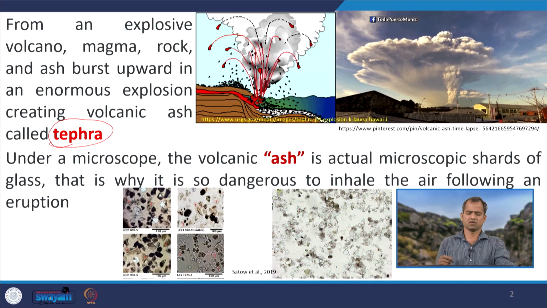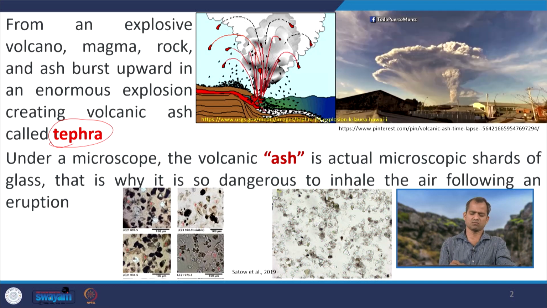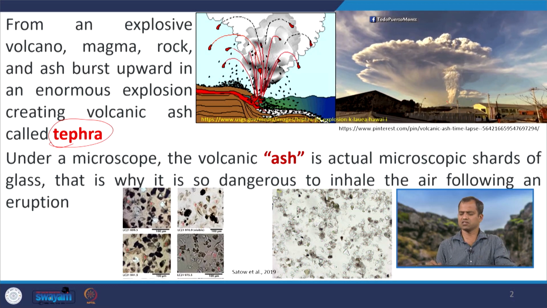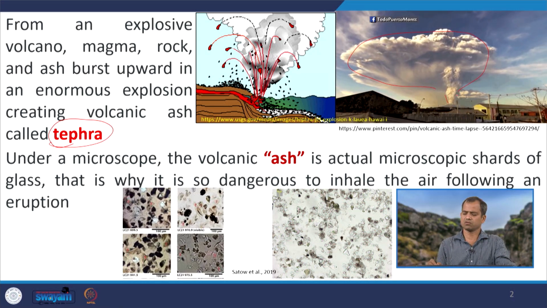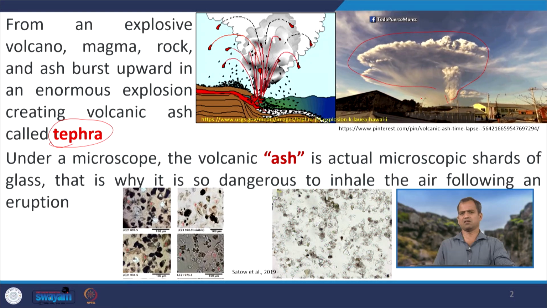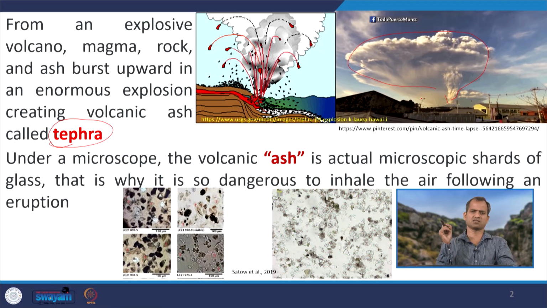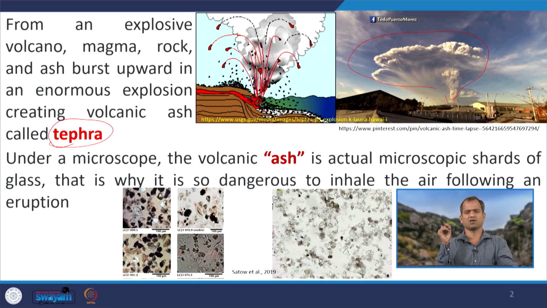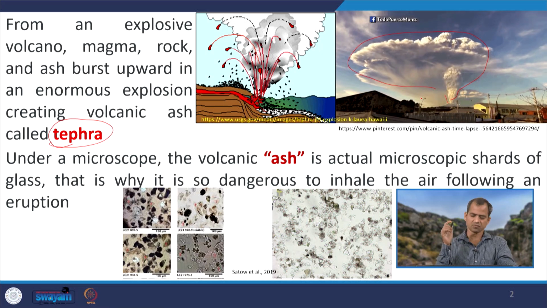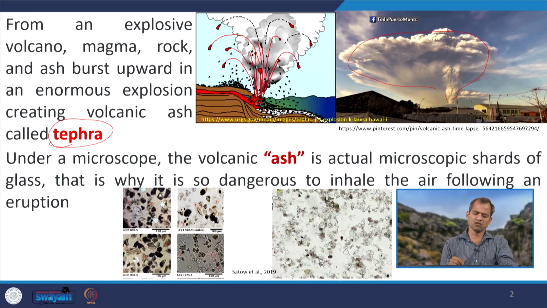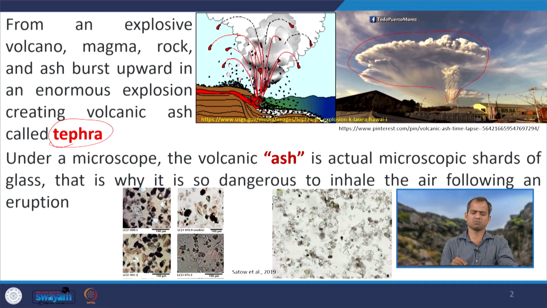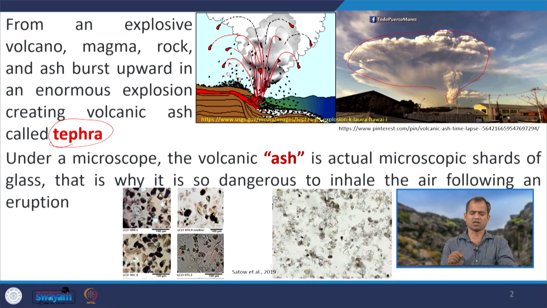If you see, this is the lava which is flowing as a lava flow, and you see this eruption. A huge amount of gaseous material is released, mostly carbon dioxide, water vapor, sulfur dioxide, H2S, like that. Along with lava, you see these fragments coming out.